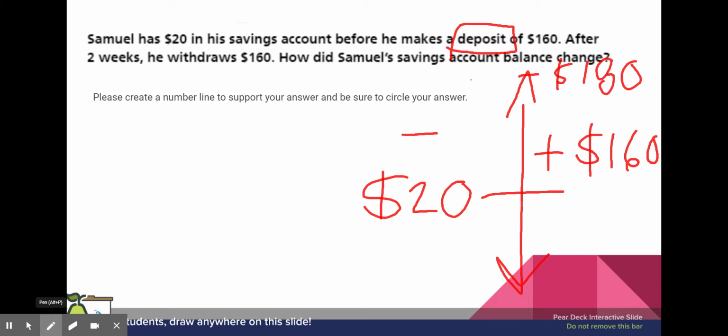So then he takes out 160. Okay, so he put in 160, he took out 160. And again, these are opposites. They have the same absolute value. So that means that they cancel each other out, and we are still left with $20. So it says, how much did Samuel's savings account balance change? It didn't. It stayed the same.